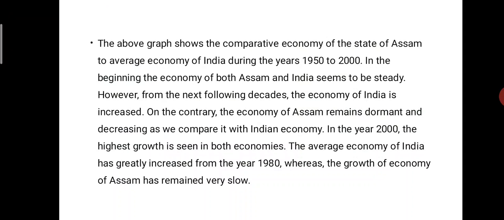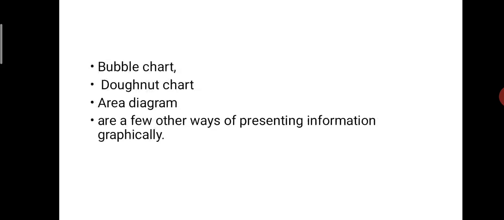Next, there are other types of charts: bubble chart, donut chart, and area diagram are a few other ways of presenting information graphically. The bubble chart presents the information in bubbles, so it is called a bubble chart.